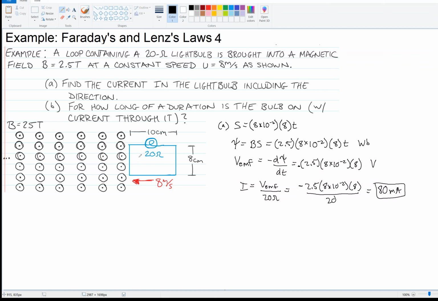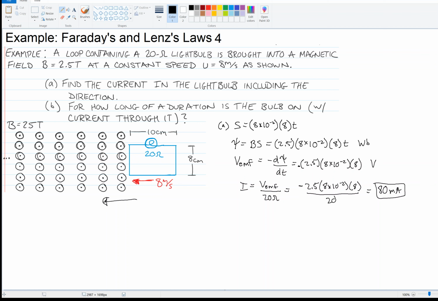So as we bring in the loop, as the loop goes this way, then you would agree, hopefully, that the magnetic flux through the loop is increasing. So the current that's going to be generated is going to be in such a direction as to generate its own flux that opposes this increase out towards us.